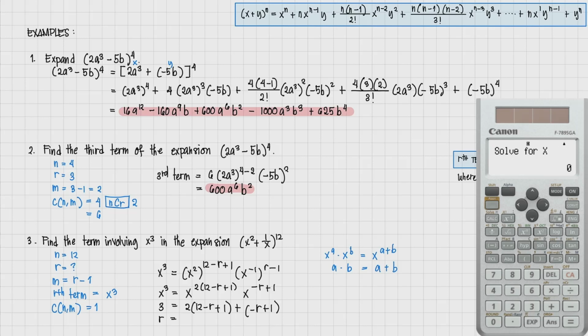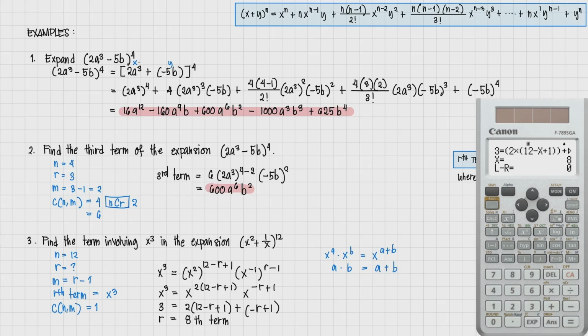So, shift solve equal. So, our x now is equals to 8, which is actually equal to our r. So, ibig sabihin, we're looking for the 8th term. Right?